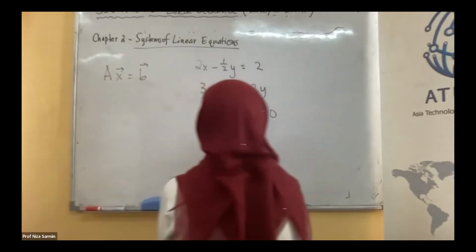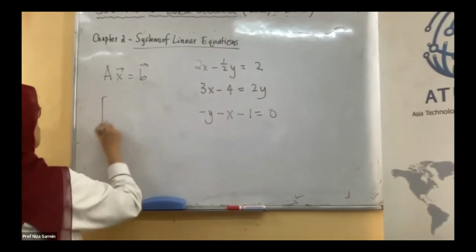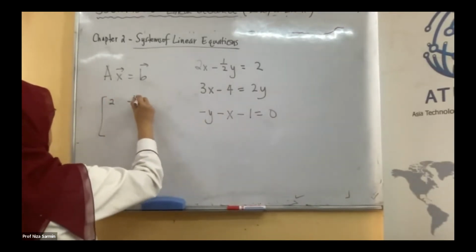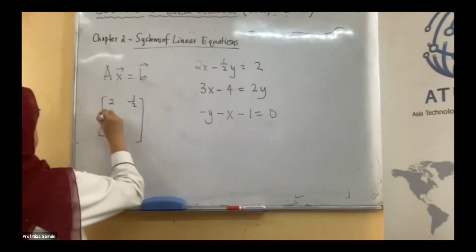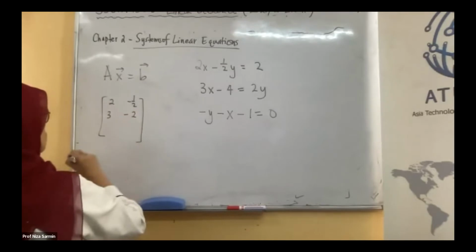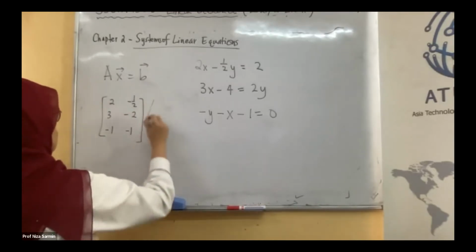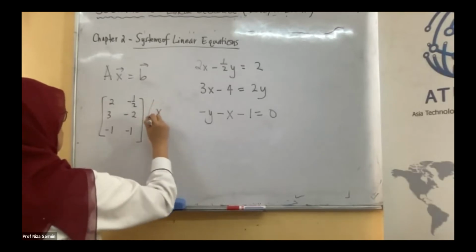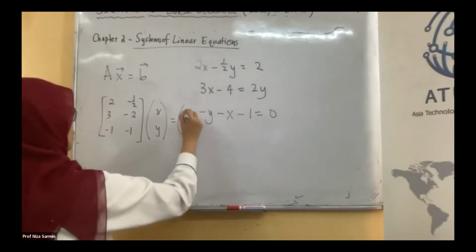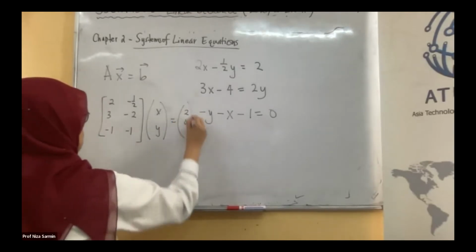What's your answer? So we have 2, negative a half, 3, negative 2, negative 1, negative 1, times x, y, equal to 2, 4, 1.